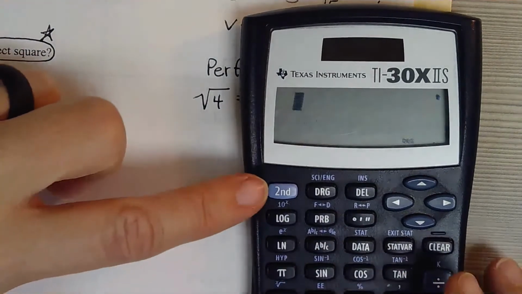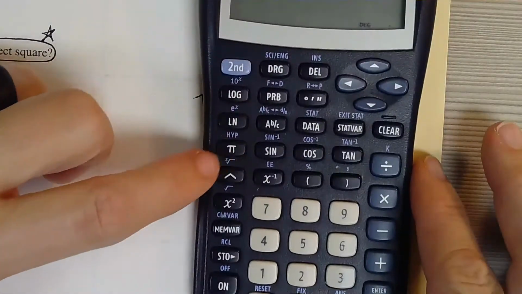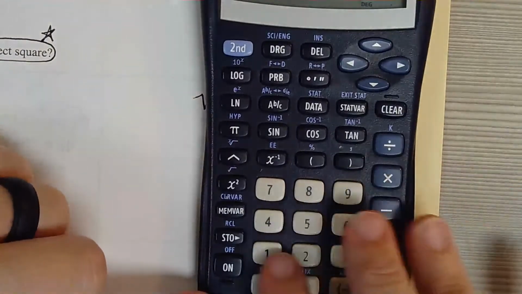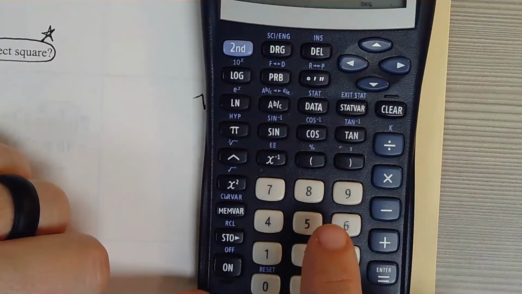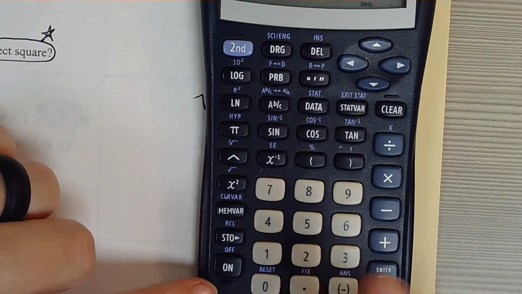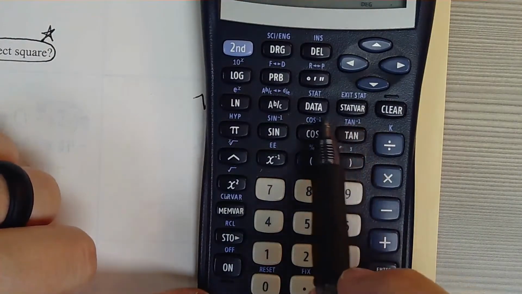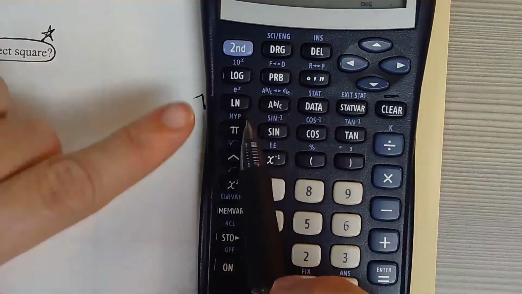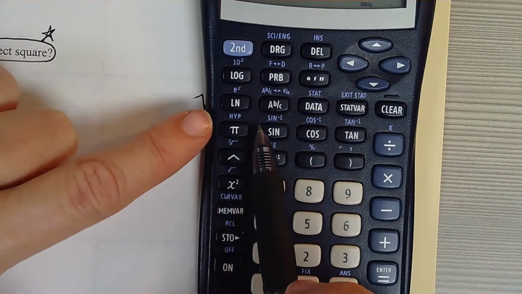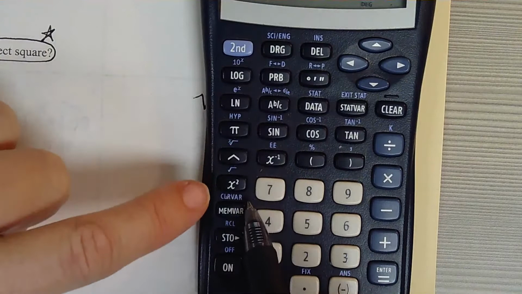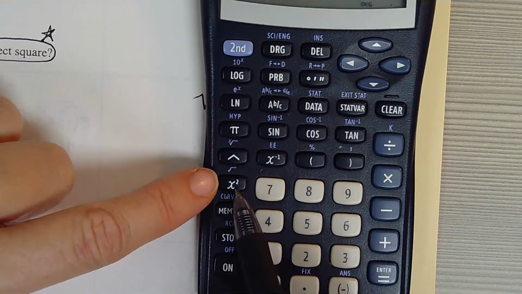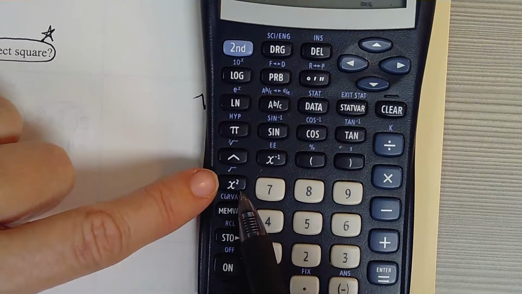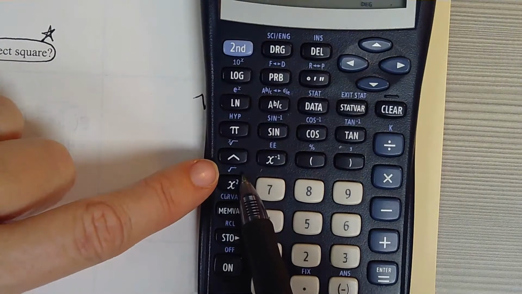So on these calculators, you have obviously the symbol or number or letters that are written on the key itself. But then I'm sure you noticed that on the actual calculator part above the keys are all these little blue symbols and words, okay? And if you look above the key right here, X to the second power, right above it is that square root symbol.